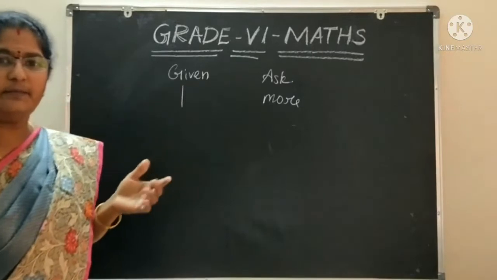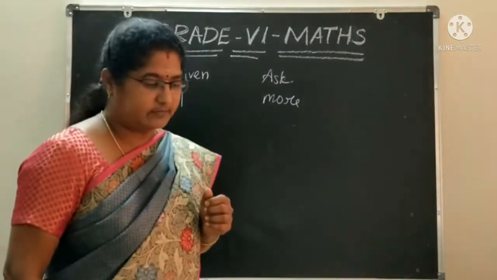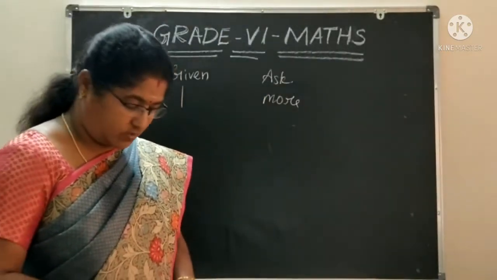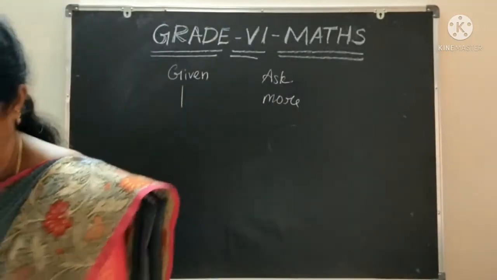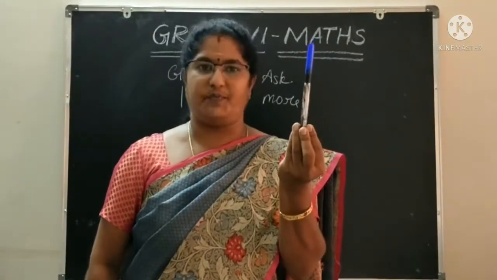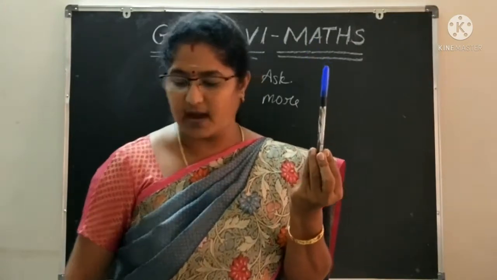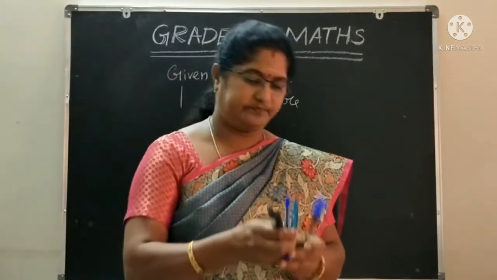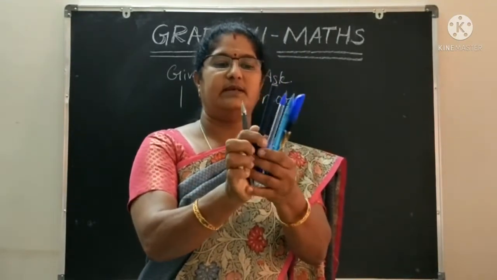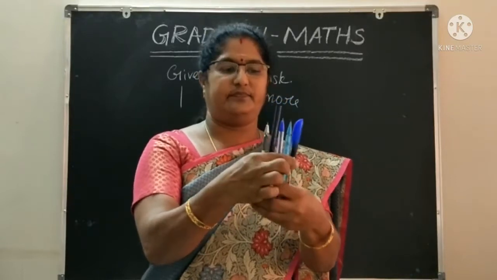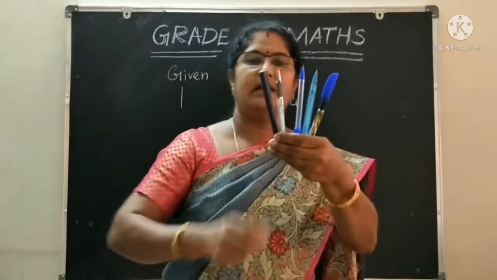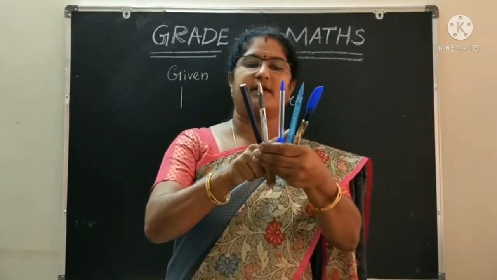So for example, the cost of 1 pen is equal to 5 rupees. What is the cost of 5 pens? See that? 1, 2, 3, 4, 5. Each costs 5 rupees. So what is the cost of these 5 pens?